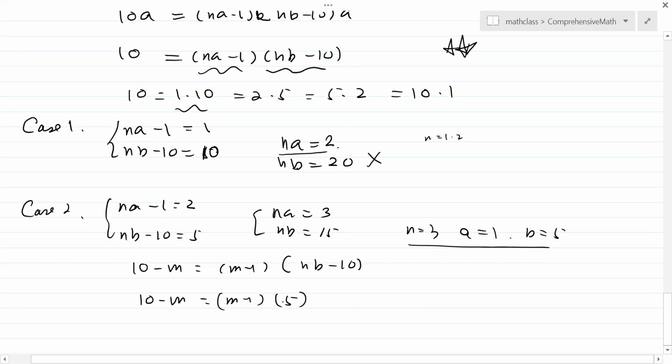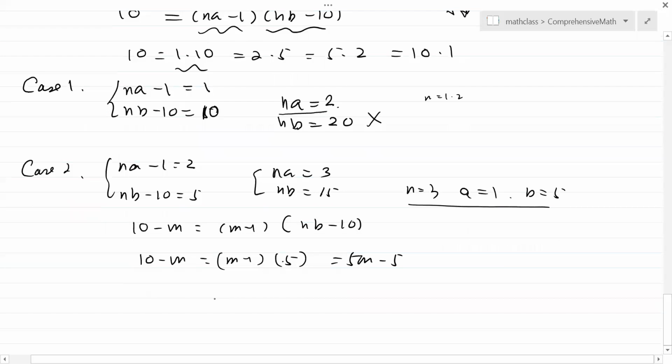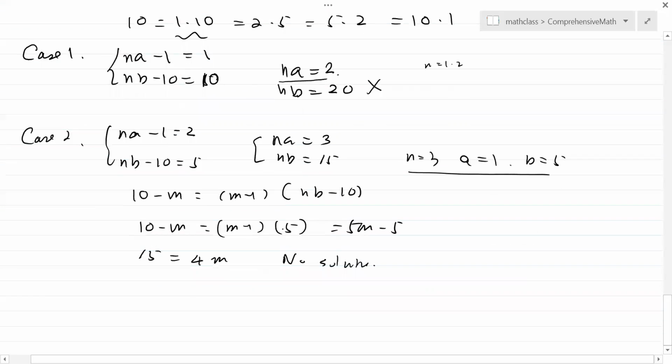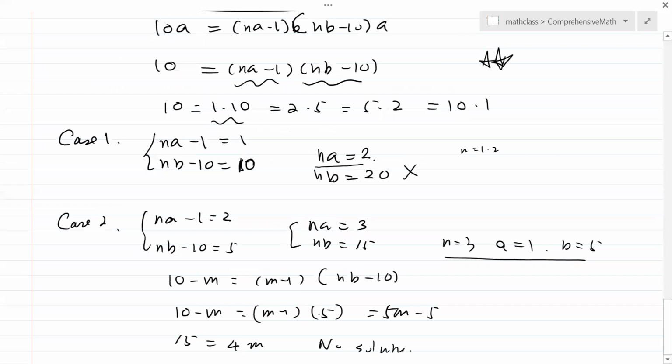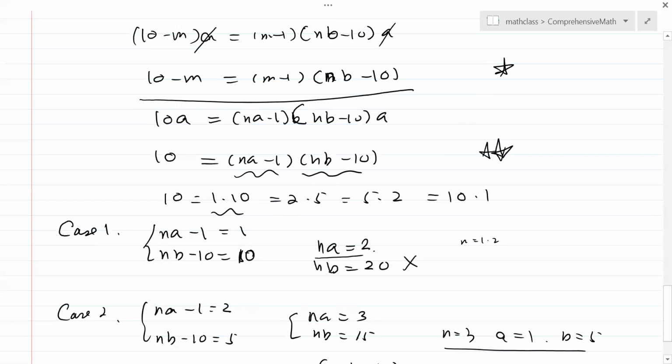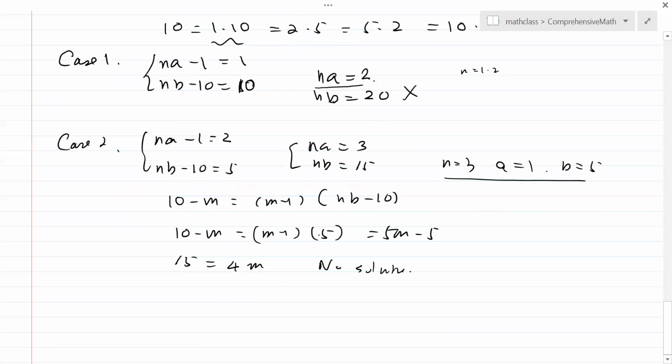I don't think we have a solution here. So this will be 5n minus 5, and 15 equals 4m, no solution. That's also excluded. I derived some equations, and you can plug them back into the original equation, but you can find out there's no solution.